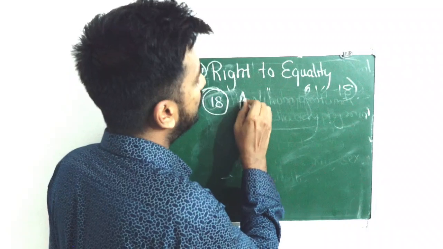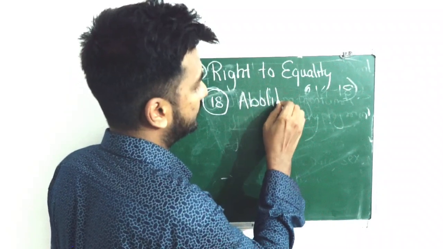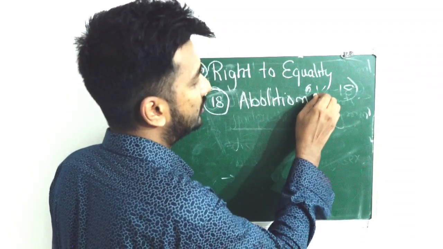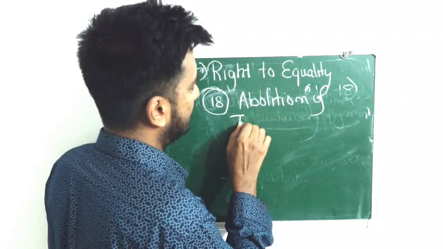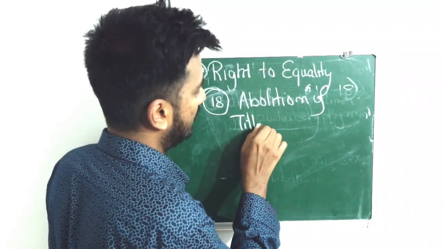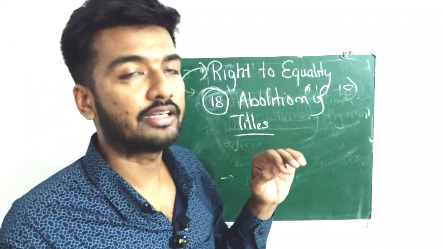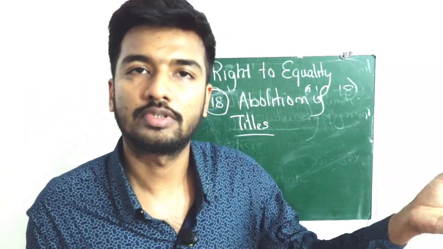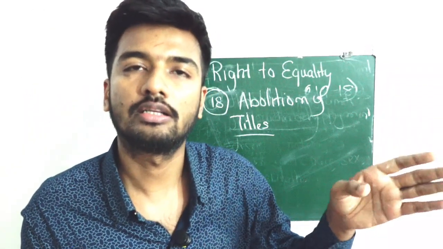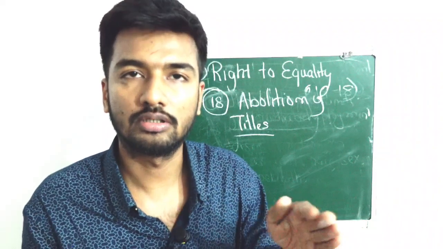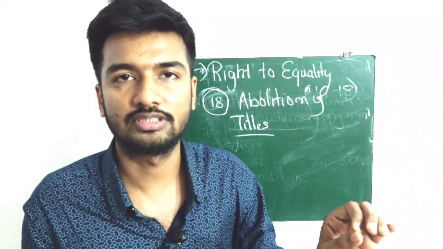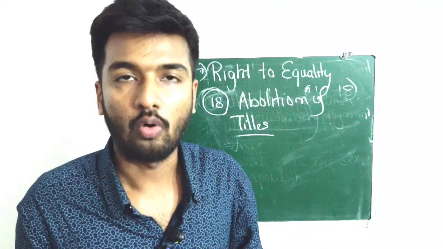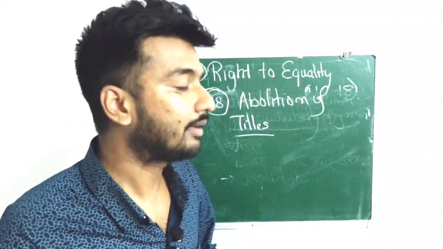Now what is 18? 18 is abolition of titles. Nobody can use titles like Bharat Ratna Indira Gandhi or Bharat Ratna Sachin Tendulkar. They cannot address themselves like that. Only two titles can be kept.